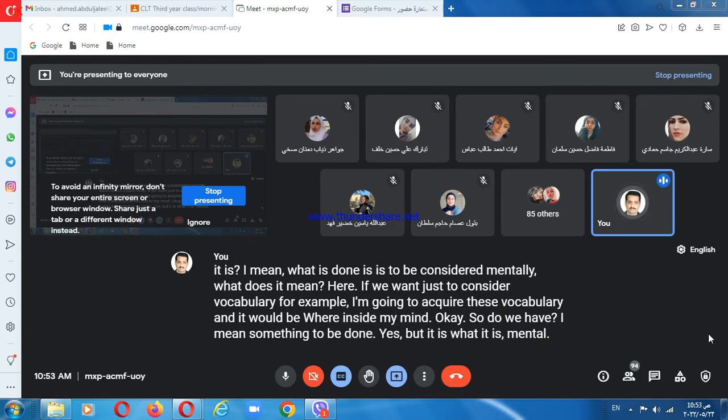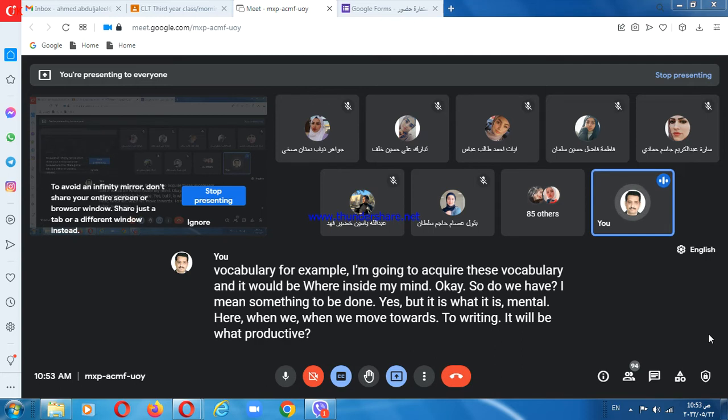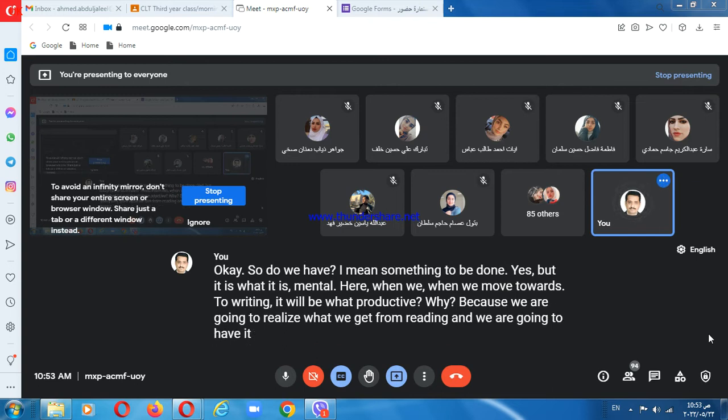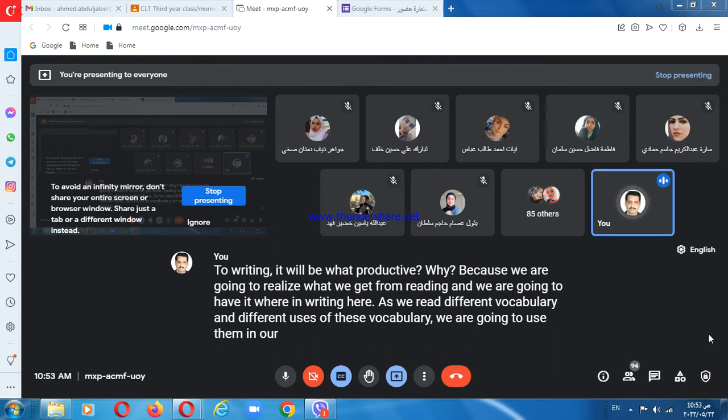Here, when we move to writing, it will be productive. Why? Because we are going to realize what we get from reading, and we are going to have it in writing. As we read different vocabulary and different uses of this vocabulary, we are going to use them in our written pieces.